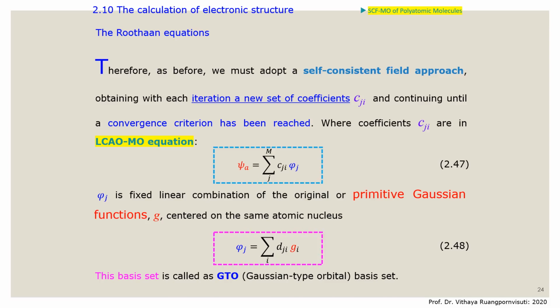Phi j can be obtained using equation 2.48, equal to the summation over i of d j i times g i. This basis is called the GTO, or Gaussian type orbital, basis set.